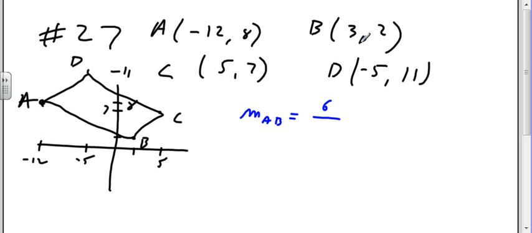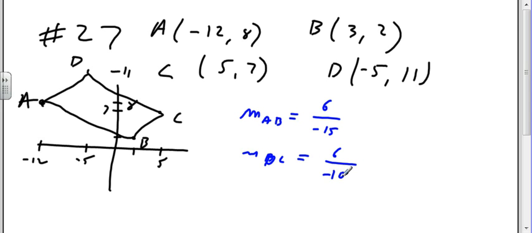Change in X appears to be a minus 15. And then we're going to look at the slope of BC. Change in Y, not BC, DC. Change in Y appears to be a 6. And this guy appears to be a 10, or a minus 10.